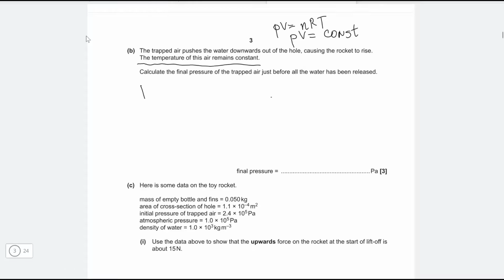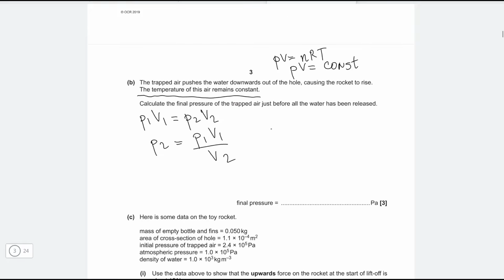This would of course mean that P1 V1 will be equal to P2 V2. We can just rearrange this for the final pressure, P2, which is going to be equal to the initial pressure times the initial volume. Then we're going to divide that by the final volume.